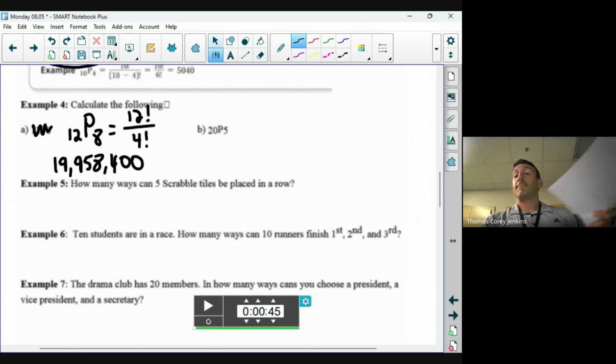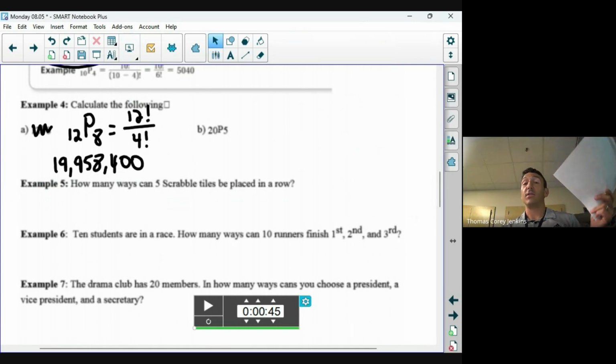Here's how you can just type it in using the 12 and the 8. On the newer TI-30, you don't have to type the 12 first. On the newer TI-84, you don't type anything first. You just go to math, over to probability. There's that NPR key, so option 2.